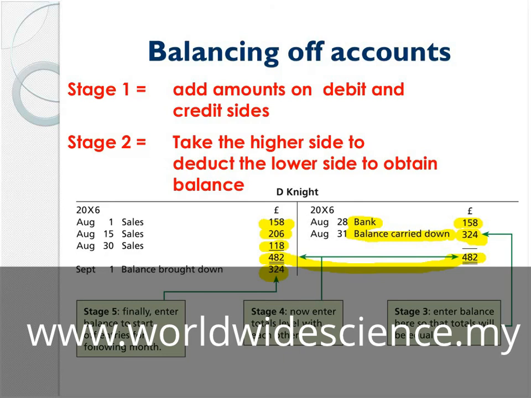I'm just going to change my color to show you. We have a sales total of 482, and stage number 2 explains that we take the higher side and deduct the lower side. 482 deduct 158 gives us the answer 324, the balance carried down. And the balance carried down is stage number 2.